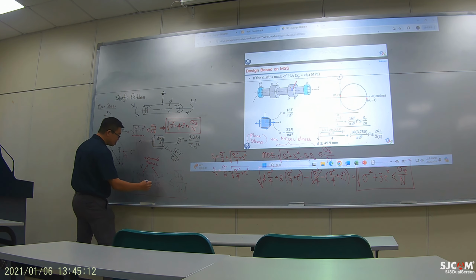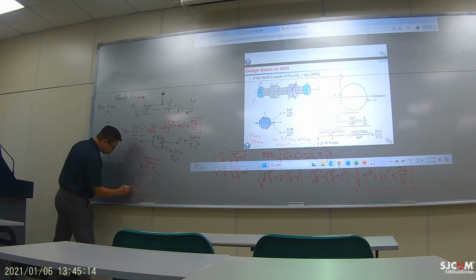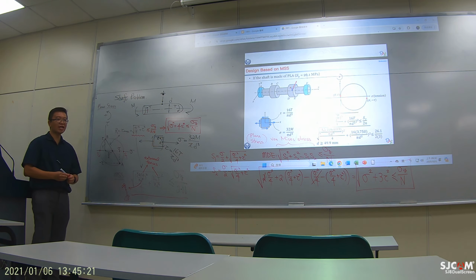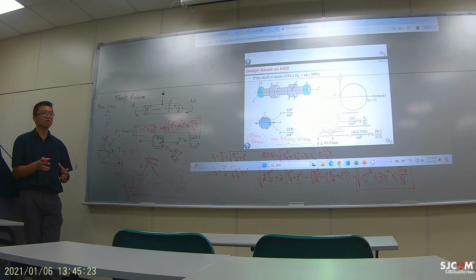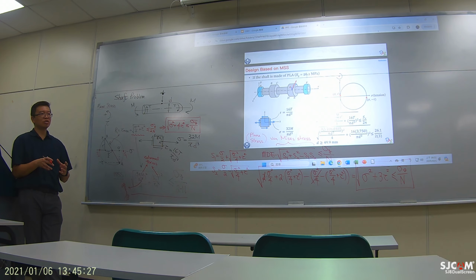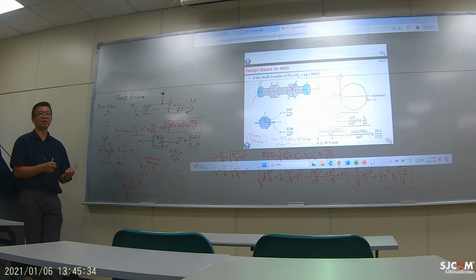Okay? And D would be geometry. You can have a lighter shaft when you reduce the diameter. But if you reduce too much, this structure will become too weak. You can have stronger ones when you make it thicker, but it's going to be very heavy.